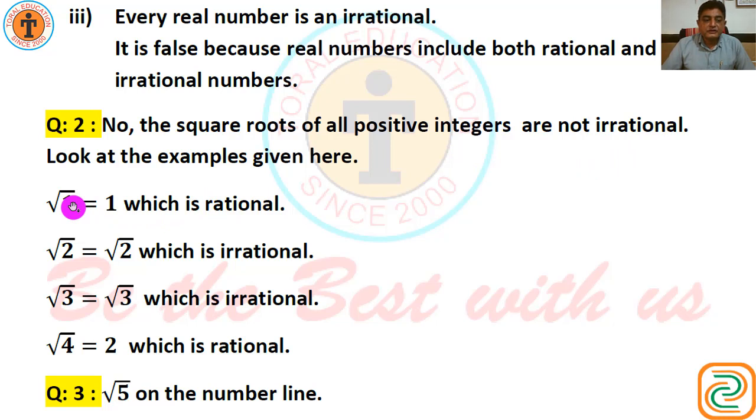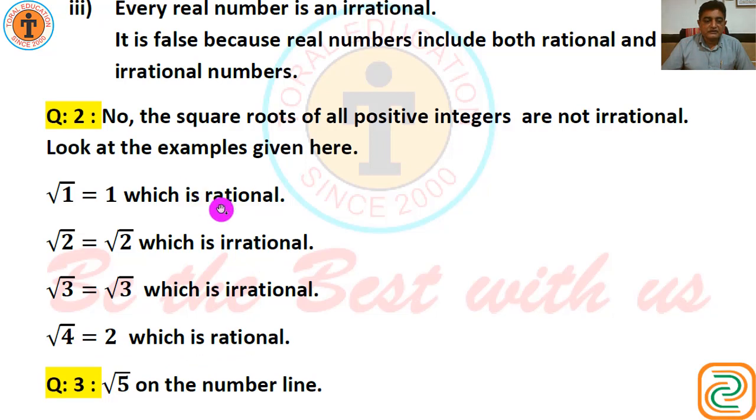Square root of 1 is 1, which is rational. It's not irrational. Square root of 2 is root 2, but it is irrational. Root 3 is irrational. But root 4, we get 2, which is rational. So this statement is false.